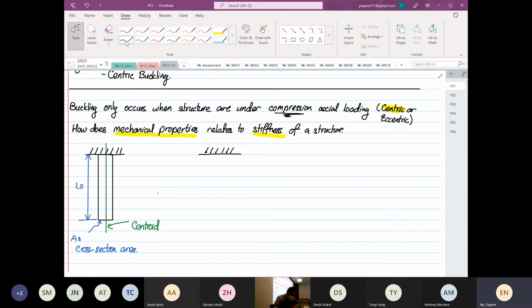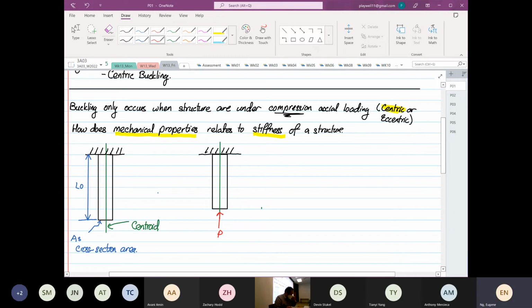So now when we apply load P at the free end, so this is where we apply our load P, right?